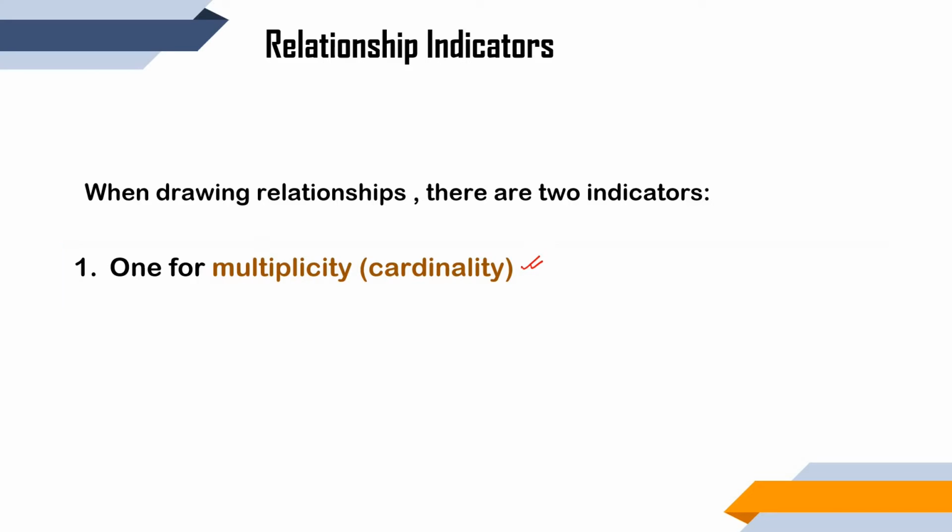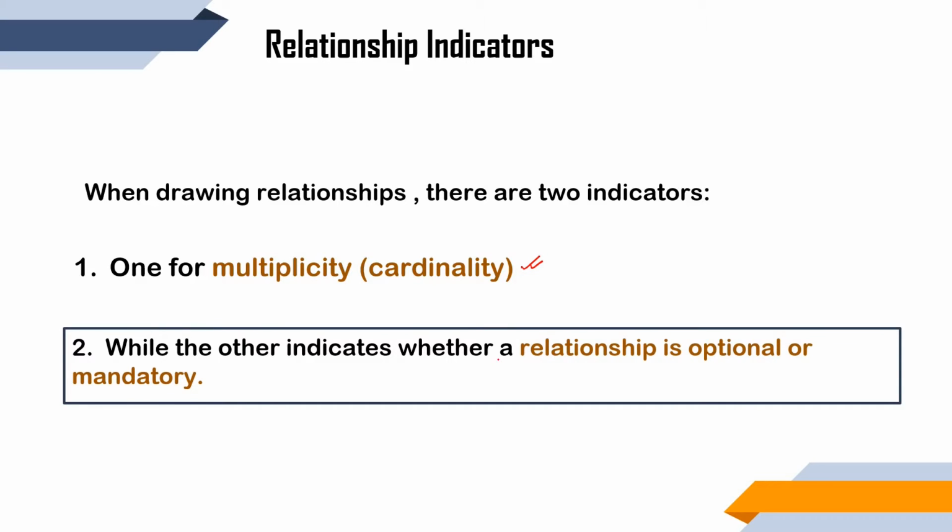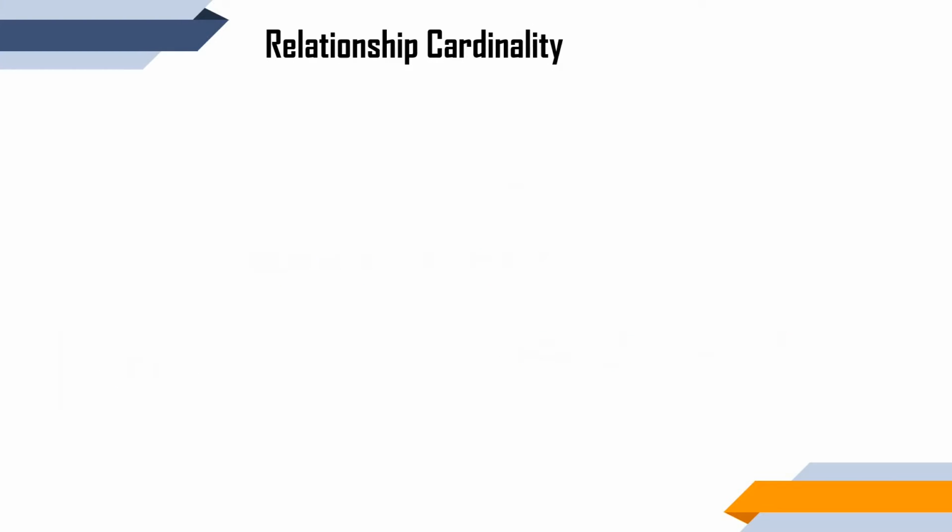And the second indicator is, well, the relationship is optional or mandatory. So for identifying relationship, two things you must understand. One is the cardinality of the relation, and the second one is optional or mandatory relationship.